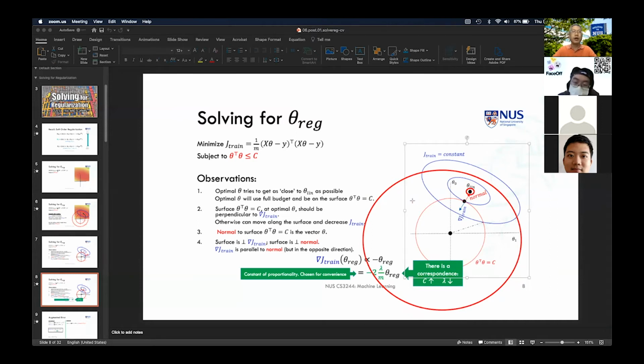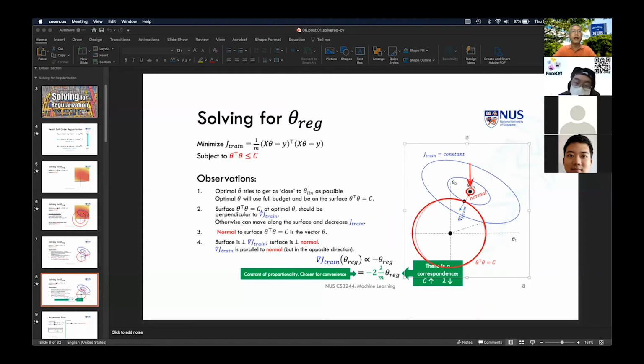On the other hand, if you have a smaller budget, like the one that we show here, then our budget is not enough to afford the optimal, right? The optimal is the one that's pointed out over here.